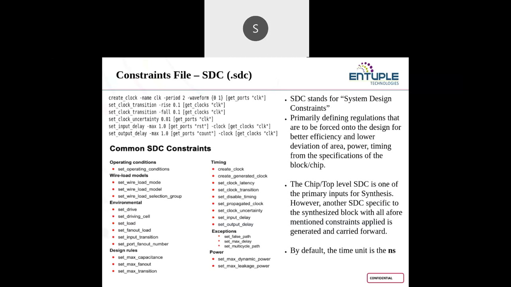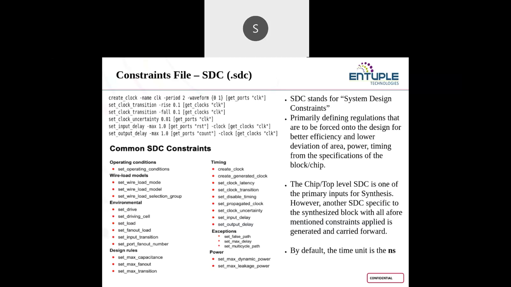As you can see here, I have listed out some common SDC constraints based on timing, some timing exceptions, power, and even some design rules. If I have any design rules in the design, I check based on that, and also environmental. If I am concerned with environmental conditions, at that time we can set them the same way.